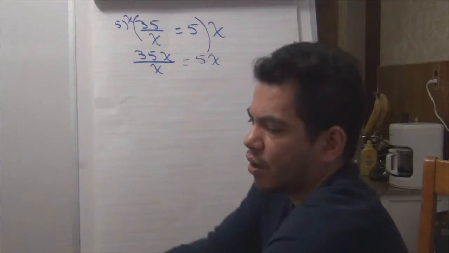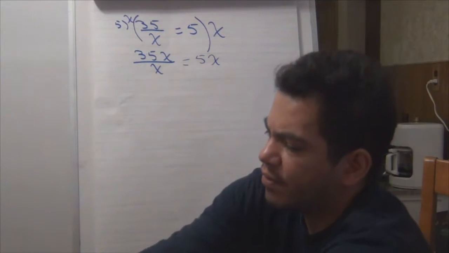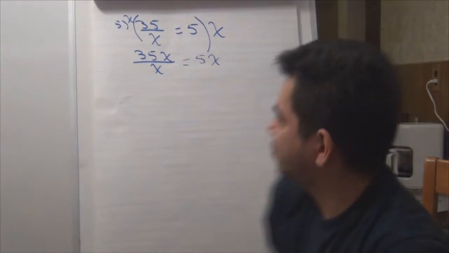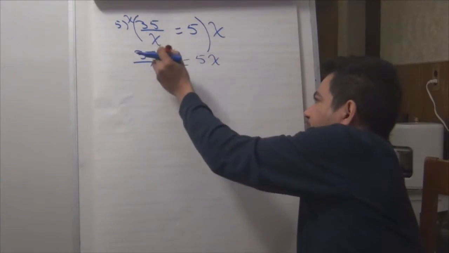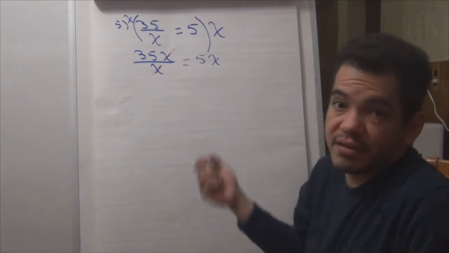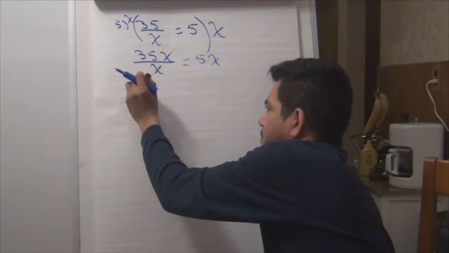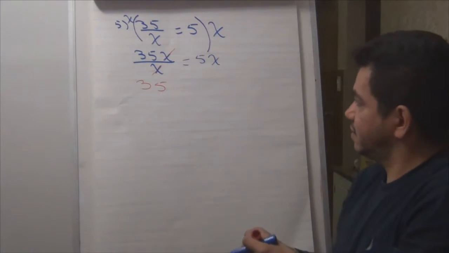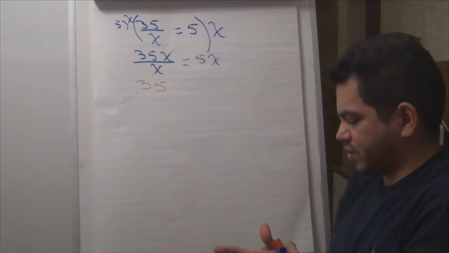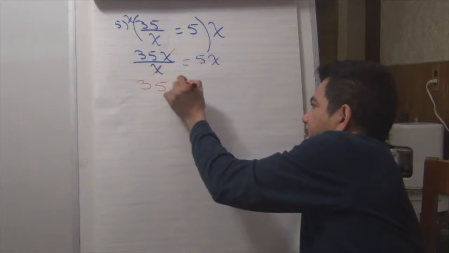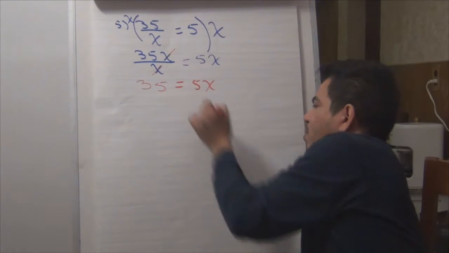Okay, so they cancel out. X divided by x is 1. So 35 times 1 is 35. I'm stuck to red, so I'm gonna do red. 35 equals 5x.